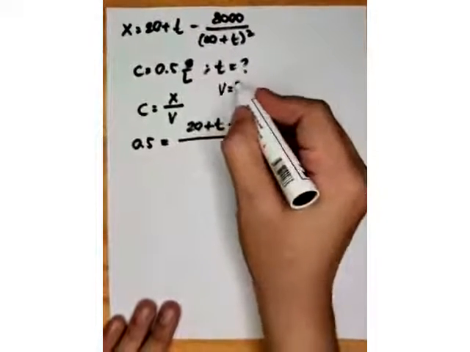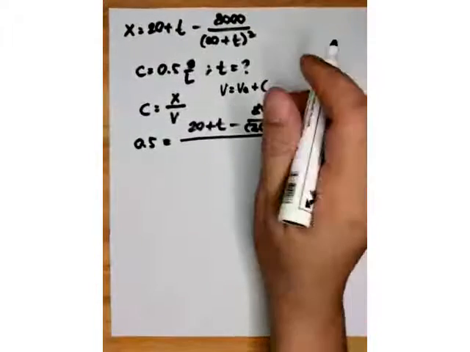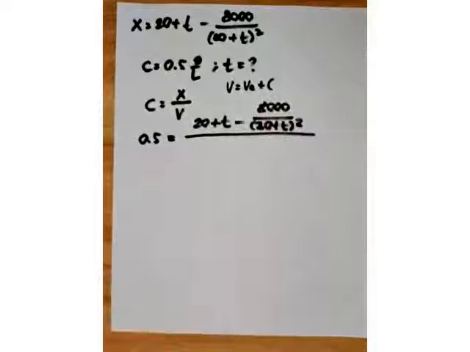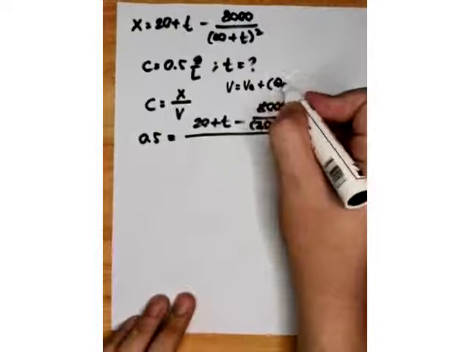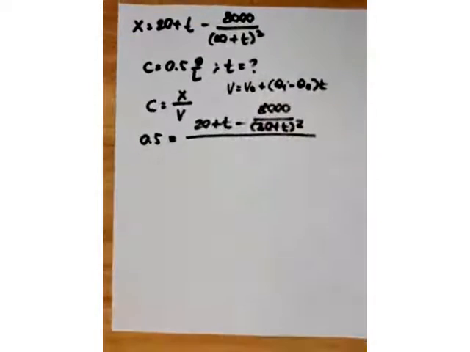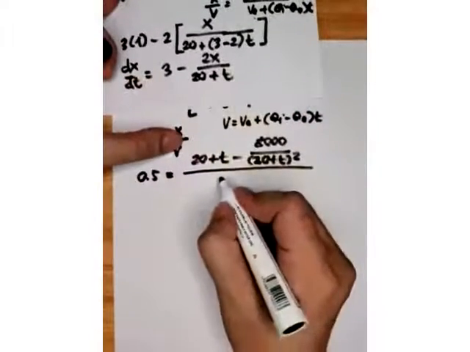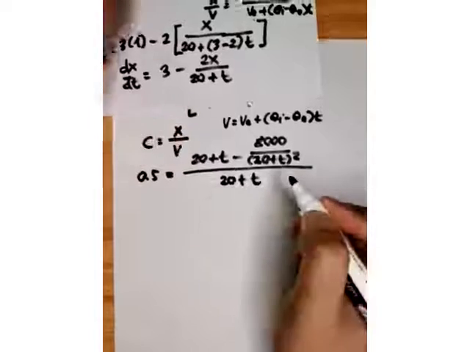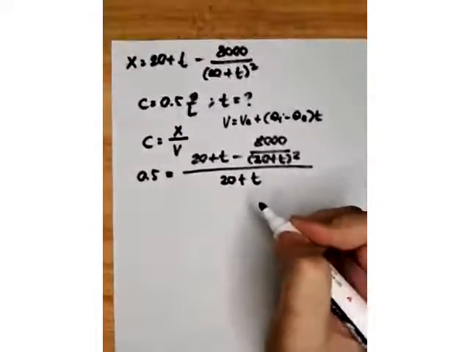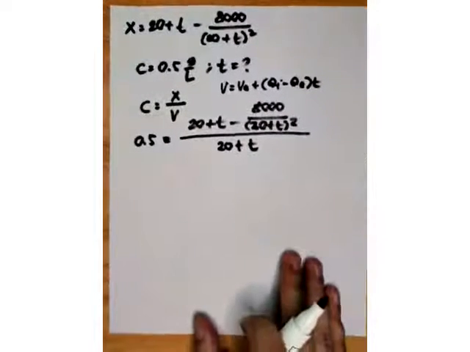Volume is V initial plus, yung formula ng volume natin, QI minus QO. So, ito yung kanina. Kaya magiging siyang 20 plus T. Okay?